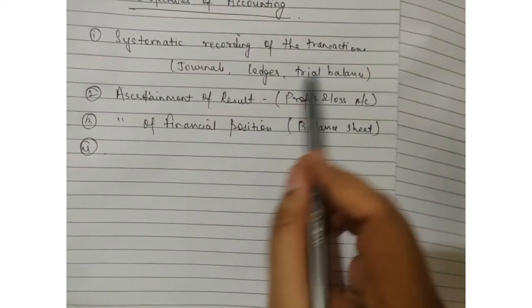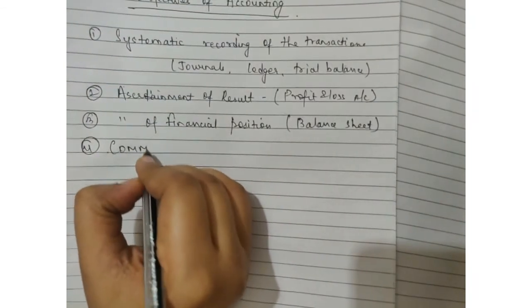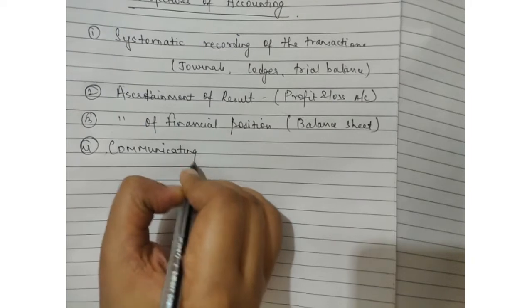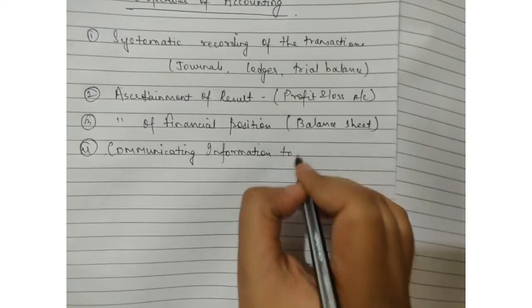And last, in a firm or in a business, many people have an interest. For example, your customers, your shareholders, the owner of the firm, the suppliers, etc. So we have to communicate this result, the total profit or losses of the company, and the total assets and liabilities to the users of that information, such as suppliers, customers, etc. So the next objective is communicating information to various users.